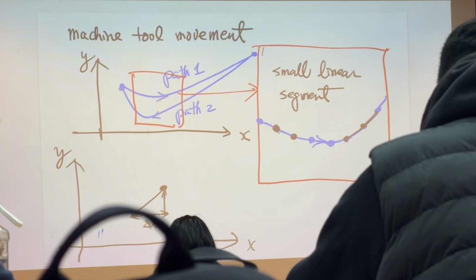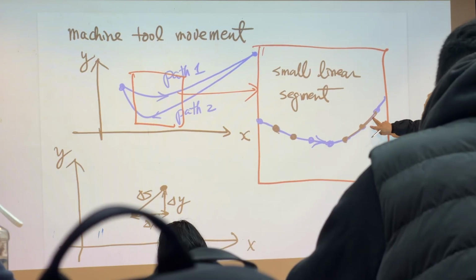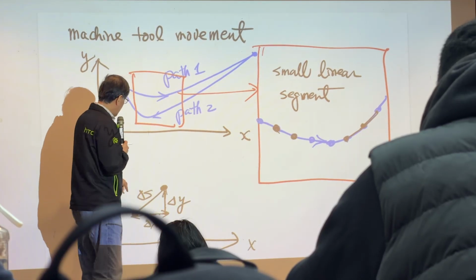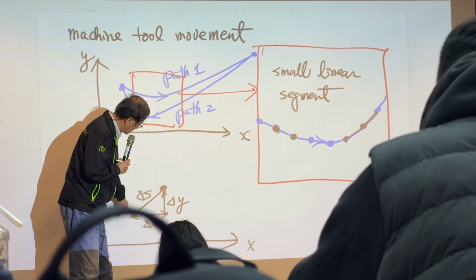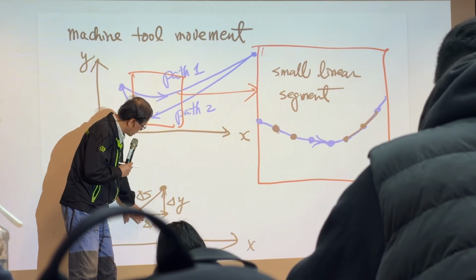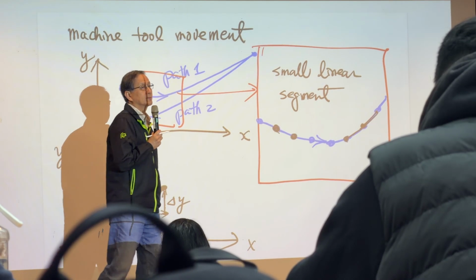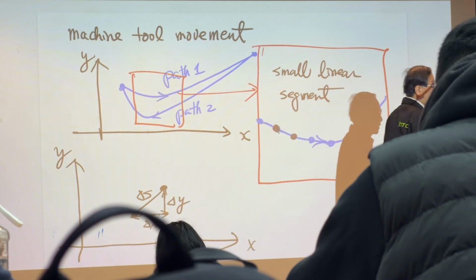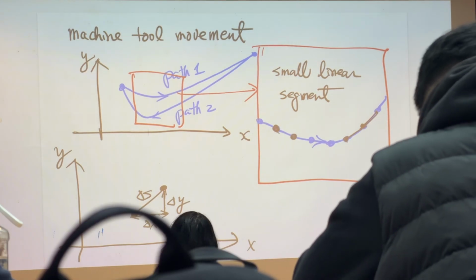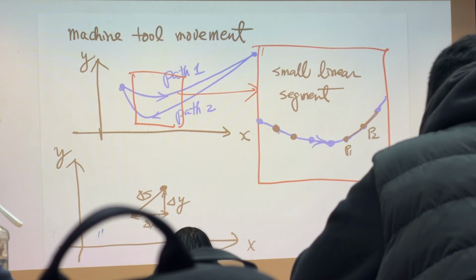So this is delta X, this is delta Y, and this is what we call delta S. So delta S, for example, I take this segment here. This segment is a linear segment, 线性的, called delta S. And delta S can be separated into delta X and delta Y, right? So that means in moving, let's say from P1 to P2, this is P1 to P2.